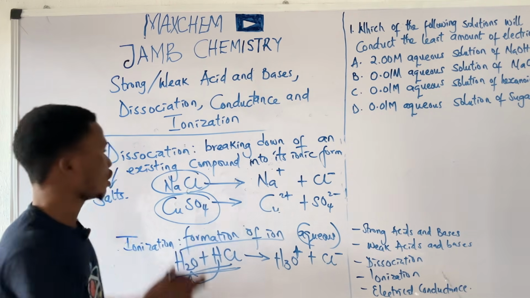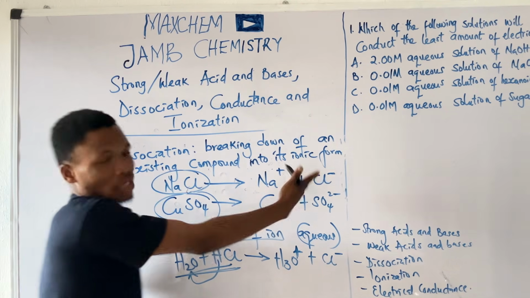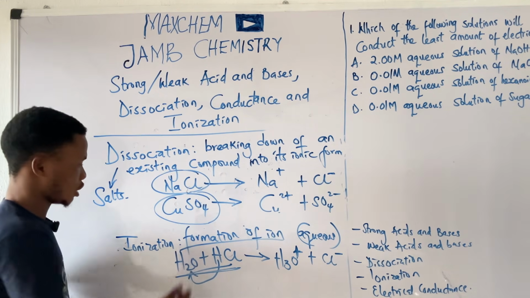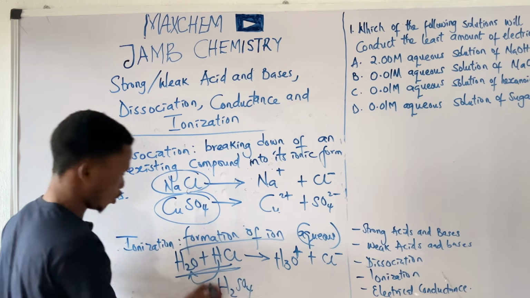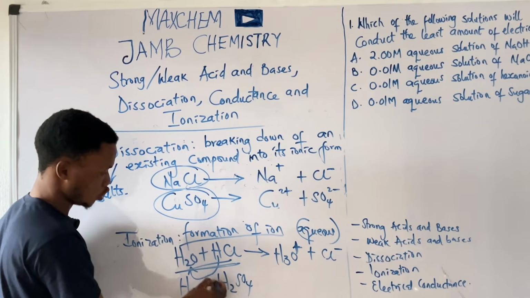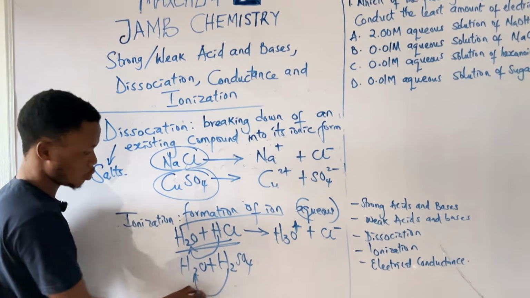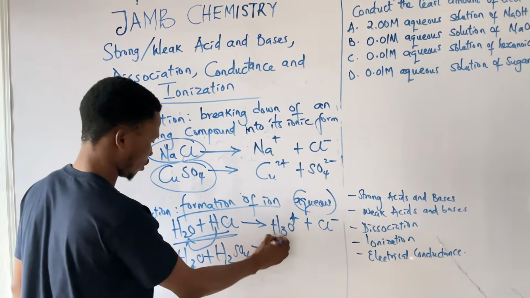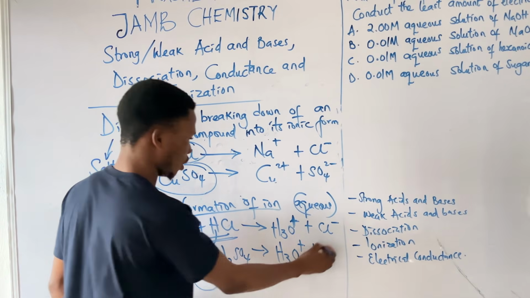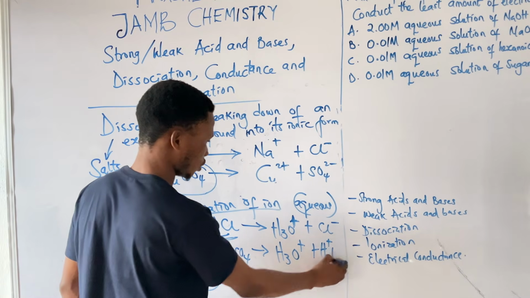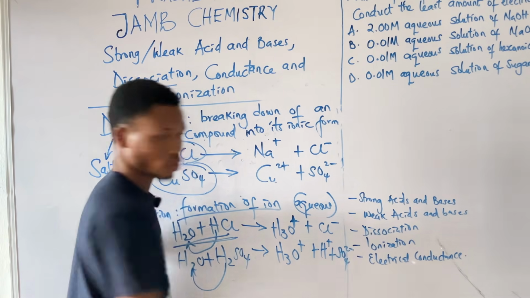While dissociation is when you have an existing compound that is breaking down. So look at this. You can have H2SO4 with H2O, right? Don't forget, one of these hydrogens will go to the water. So you have hydroxonium ion, then H plus, then SO4 2 minus.